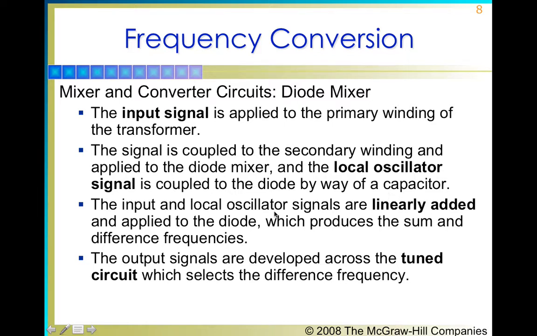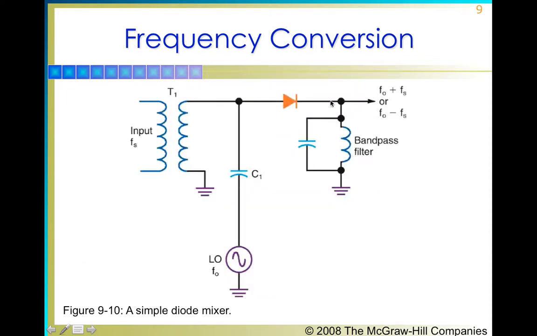The input and the local oscillator are linearly added and applied to the diode, which produces the sum and difference frequencies. The output signals are developed across the tuned circuit, which selects the difference frequency. So all this literature is about the diode mixer, which is explained over here.